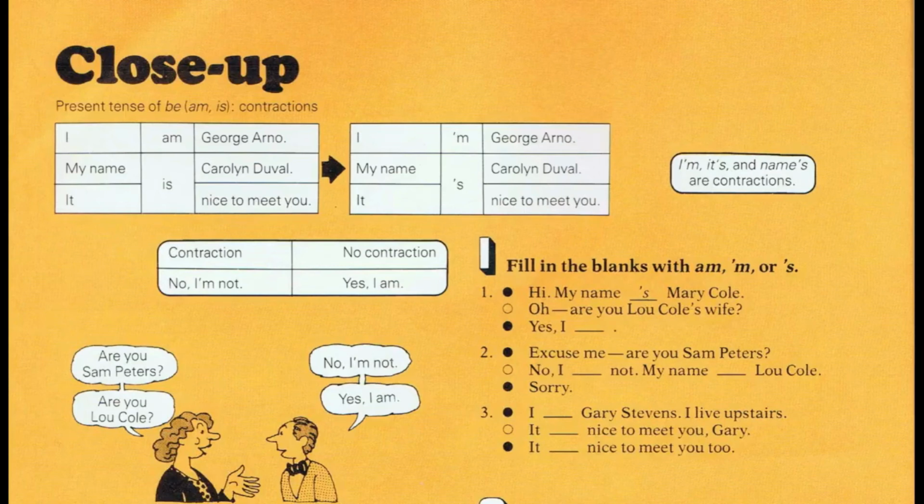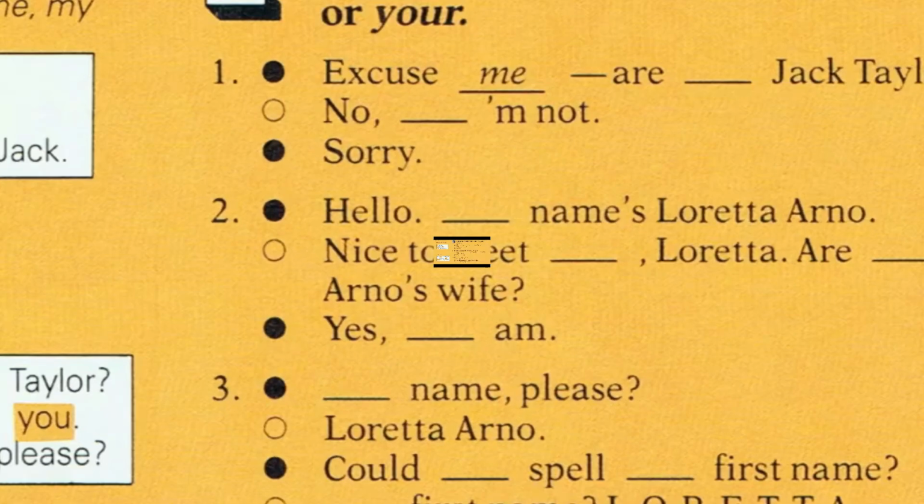No, I'm not. My name's Lou Cole. Sorry. Number 3, I'm Gary Stevens. I live upstairs. It's nice to meet you, Gary. It's nice to meet you too. Here we can have contractions, as you can see.